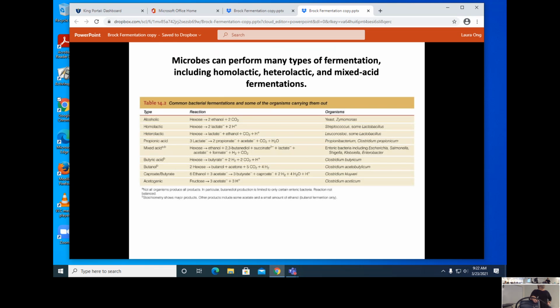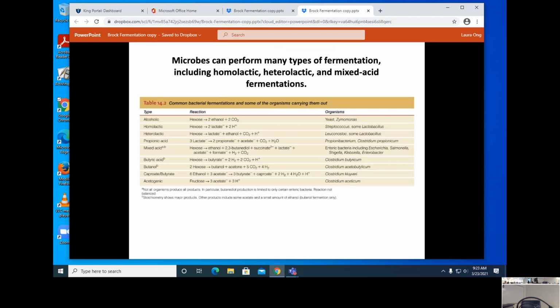Like MacConkey agar. You ferment lactose, it's making some acid byproducts, and then that's reacting with the agar and the colonies, and they turn opaque. A lot of times we're looking for the acid to see if this microbe can turn this thing into this waste product.